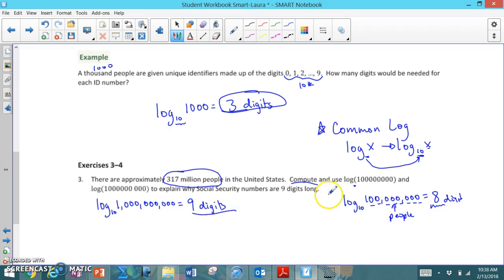So it's saying, explain why social security numbers are 9 digits long. Well, I need enough different combinations to be able to get me 317 million people. So if social security numbers were only 8 digits, I could only cover 100 million people, which isn't enough. And if I go to 9 digits, I can cover 1 billion people, which is plenty. So that's why our social security numbers are 9 digits long.